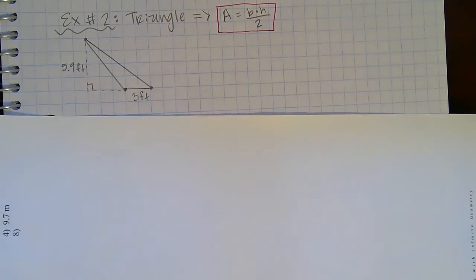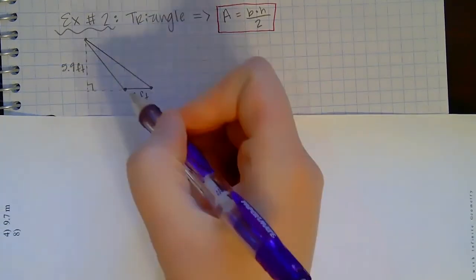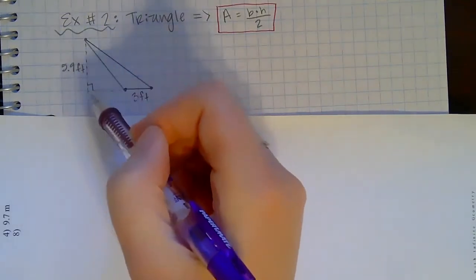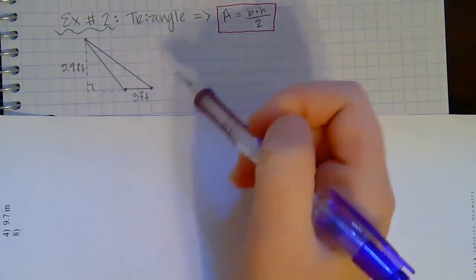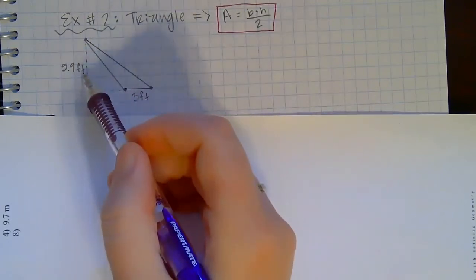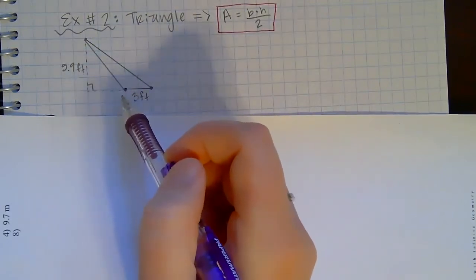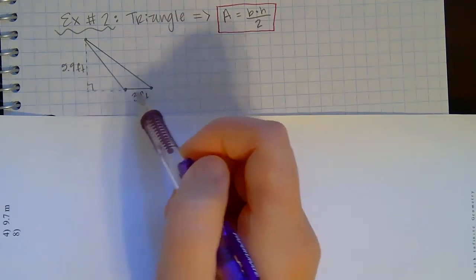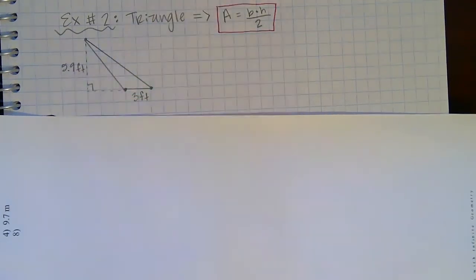Again, base and height always form a right angle. Notice this one down here forms a right angle. Now you might say, but the 5.9 is not even a side of the triangle. The height does not have to be a side of the triangle, as long as it makes a right angle with the base.